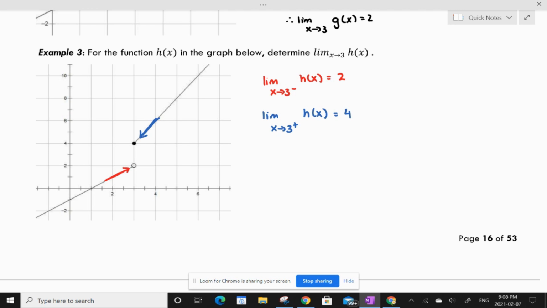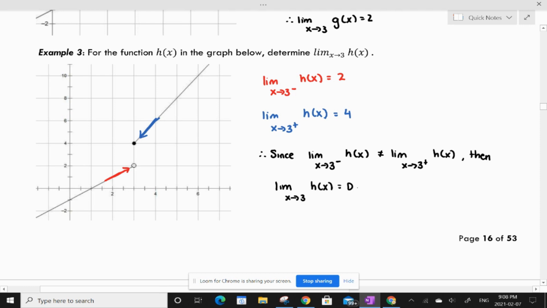They're not the same number. I'm going to write this down. Since the left-hand side limit doesn't equal the right-hand side limit, then the limit does not exist here.